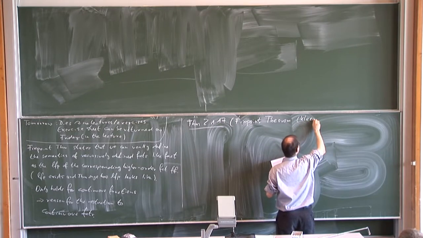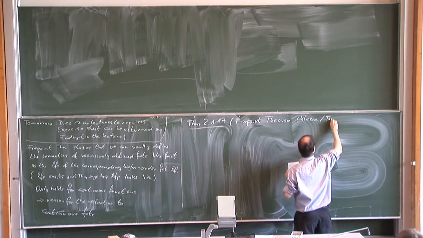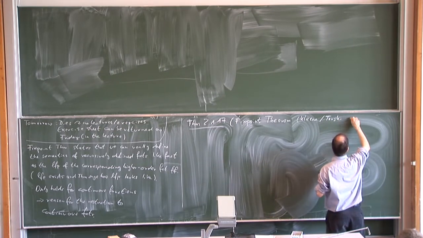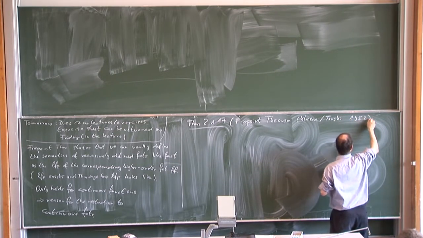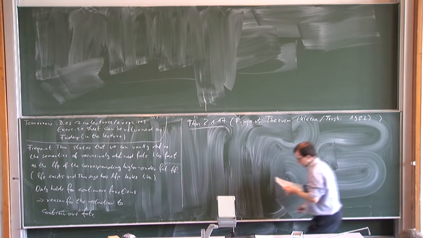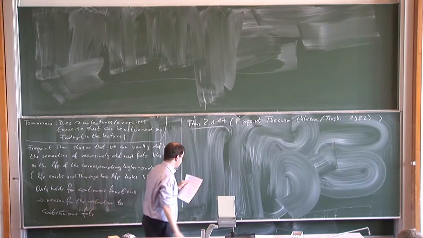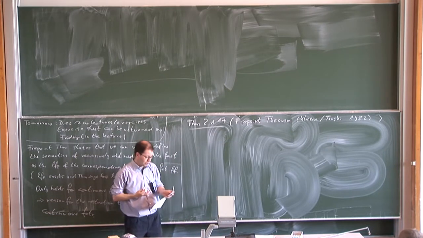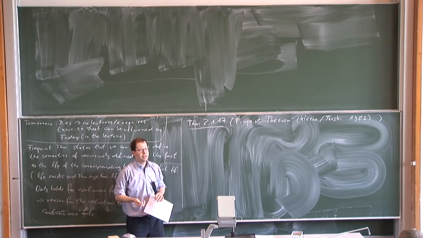Kleene and Tarski both formulated variants of this, and this is pretty old, around 1952. So what it says is, if we have a complete partial order and a continuous function, then this continuous function has a least fixed point.